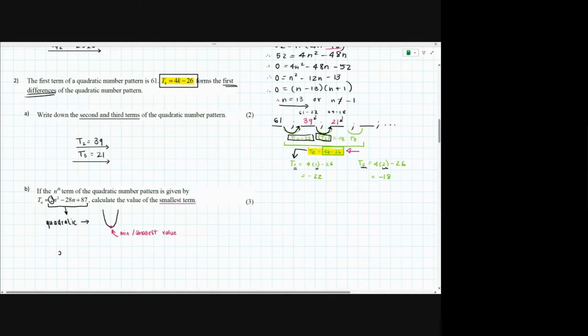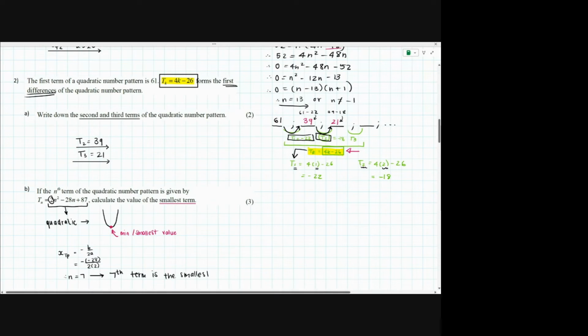The x coordinate of our turning point is minus b over 2a. We substitute in negative 28 over 2 times 2, and we get that n is equal to 7.